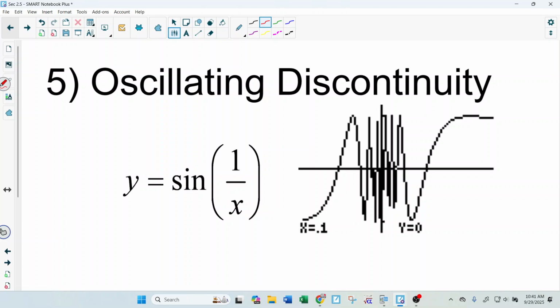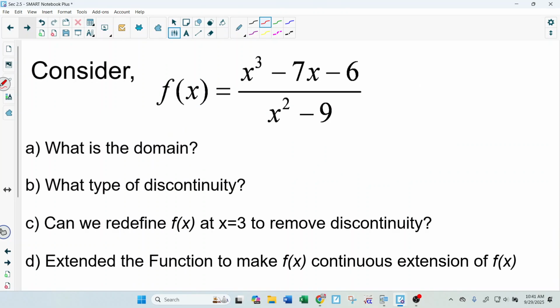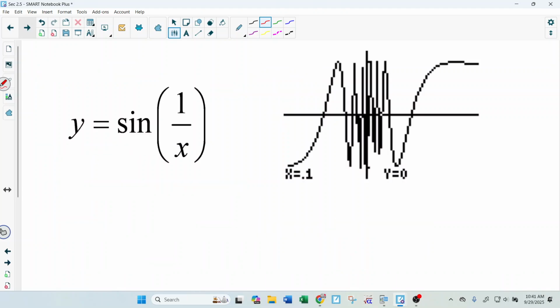Okay. All right. So let's look at an example here. Let's start that tomorrow. I'm going to look at something else here. Let me bring this up.